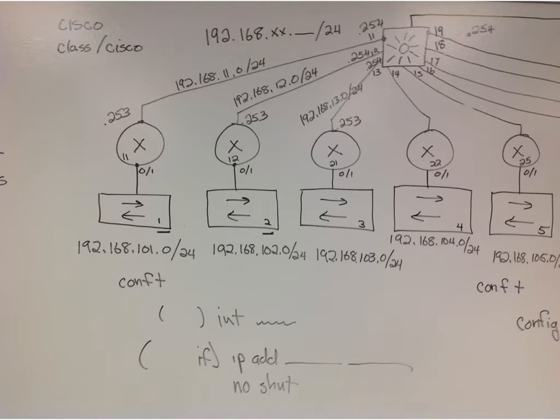So those are the switches people have, and those are the same device numbers. And then in here we have the device number of the routers, and that varies a little bit because some are being used by the other class. But I used these ports, port 11 to be the addressing for this one, port 12, and then you use this addressing, and so that carried through for all of them. 254 up here, and everybody configured their side at 253.